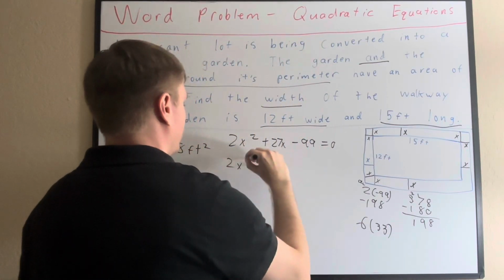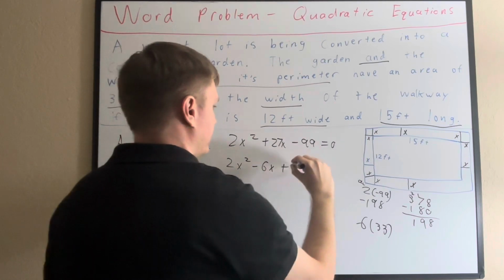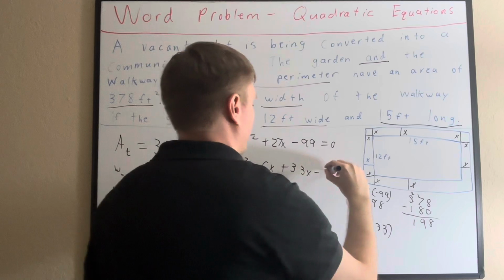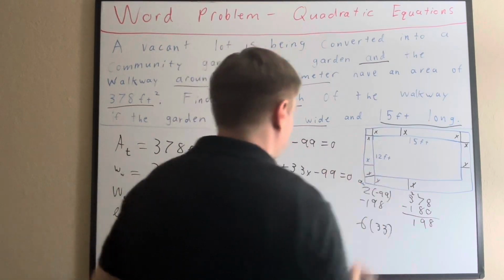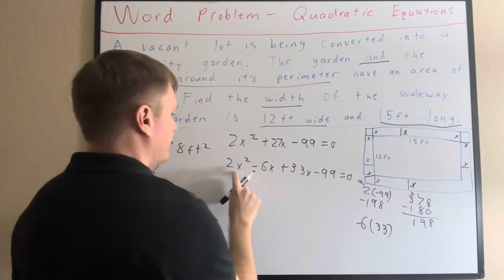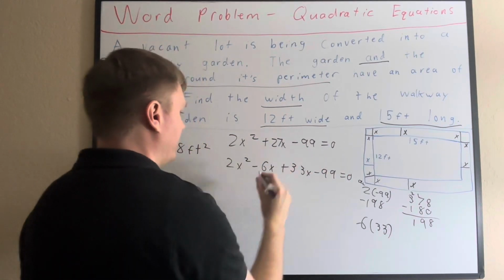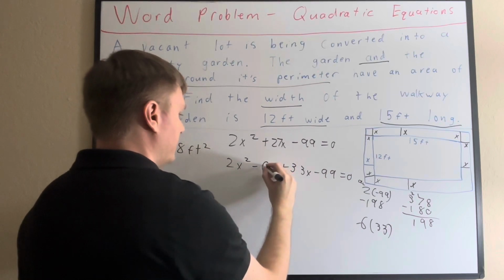So 2x squared minus 6x plus 33x minus 99 equals 0. Grouping, love grouping. Now in grouping, we treat each of these like their own binomial, and we factor out the greatest common factor.